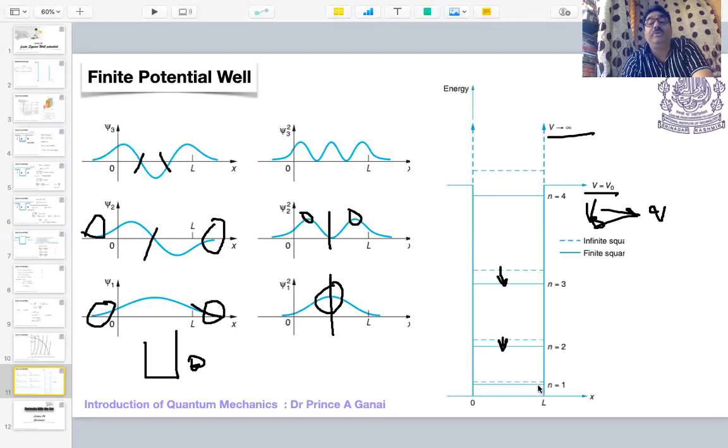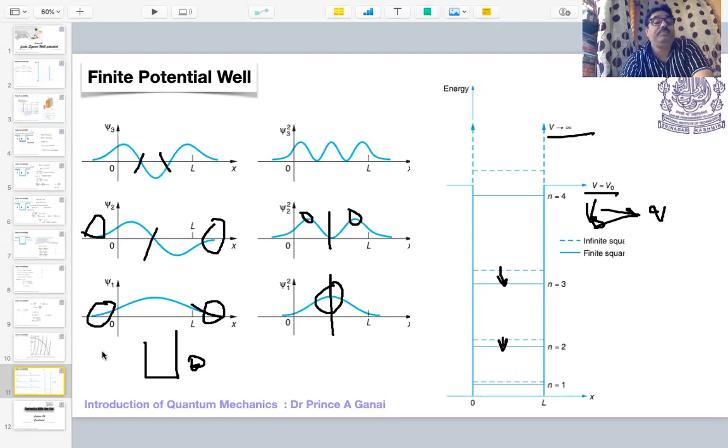The levels would increase as the value of the potential increases, and in the limit when the potential becomes infinite, the levels will be infinite.